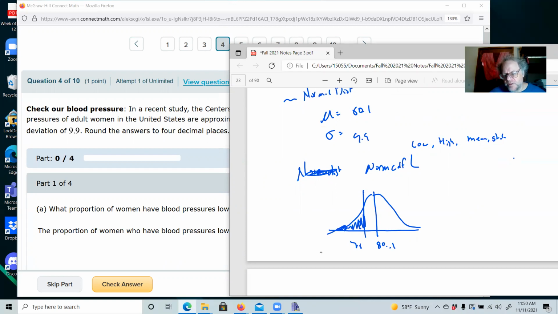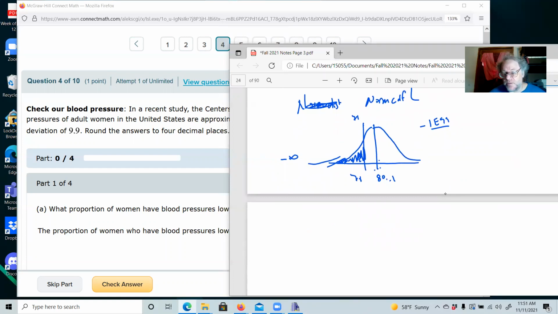So the low value is down here at negative infinity, and the high value is going to be 71. Considering the mean is about 80 and the standard deviation is about 10, we need to find a ridiculously low blood pressure for this. If you want to use -1 EE99, that's fine, but you're going to get the same answer if you use something just low.